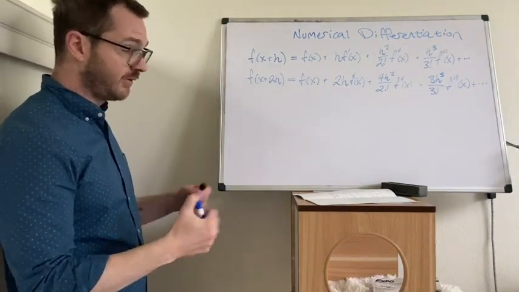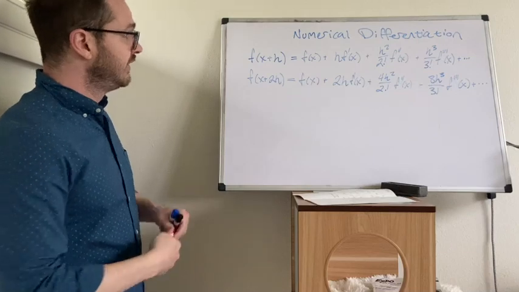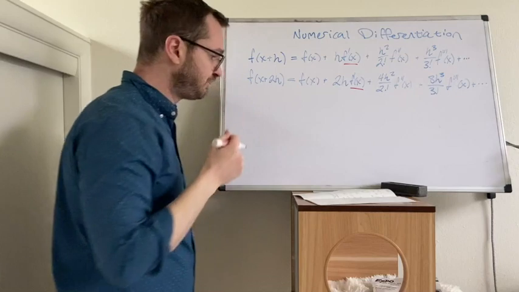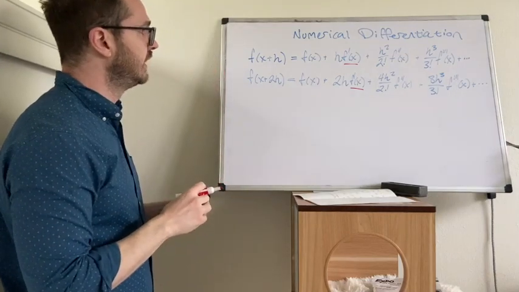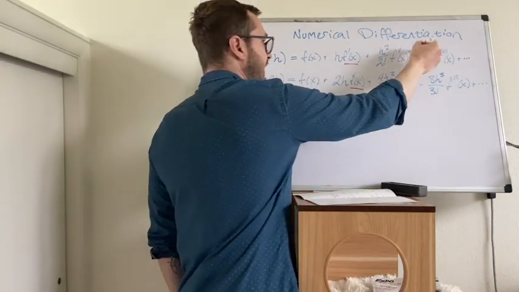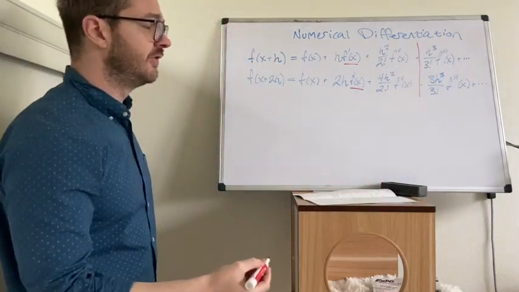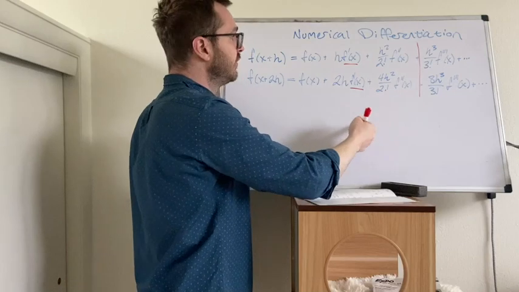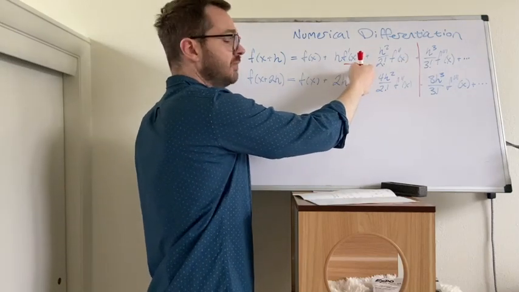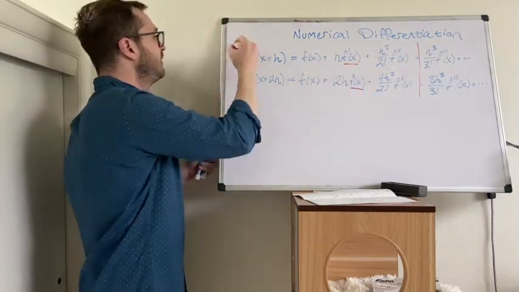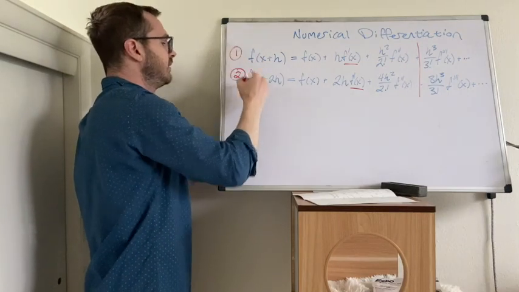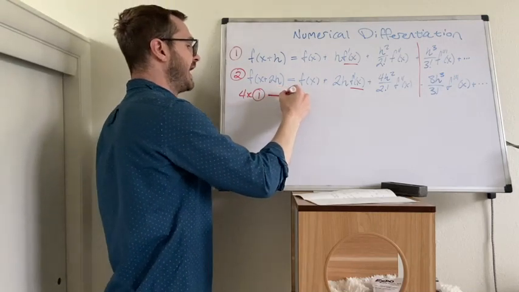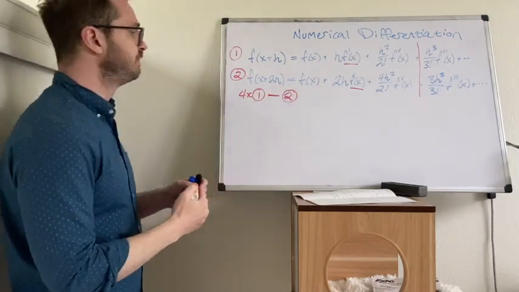Okay, so what are we gonna do? Remember, the goal is f prime. We want to truncate it in between the second and third derivatives. That means we need to make the second derivative go to 0. Clearly we can multiply equation 1 by 4. So 4 times equation number 1, and then subtract equation number 2.